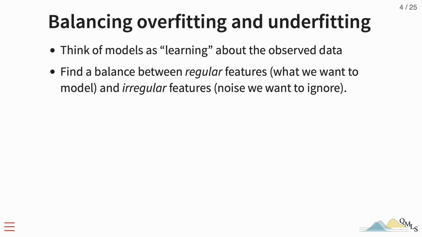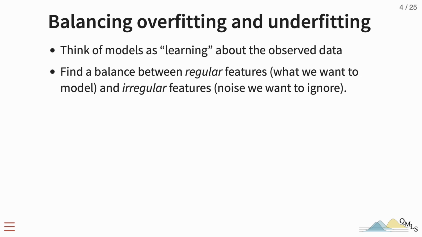One way to think about this in your mind, if it helps, is when you fit a model to data, that model is effectively learning something about the observed data, right? It's learning how to relate the observed data to the outcome variable. We can put more stuff into the predictors, and that lets it learn more.